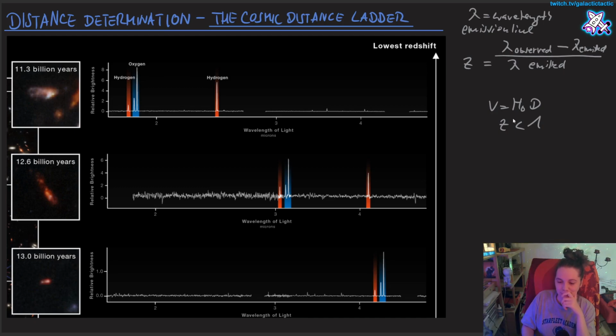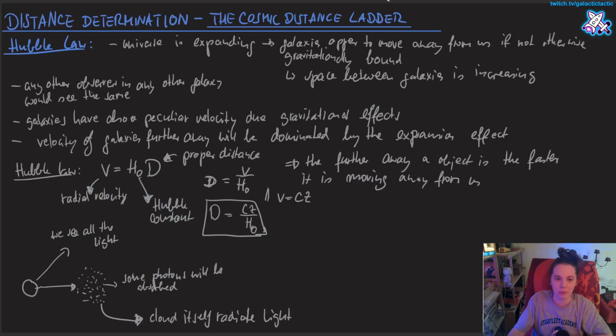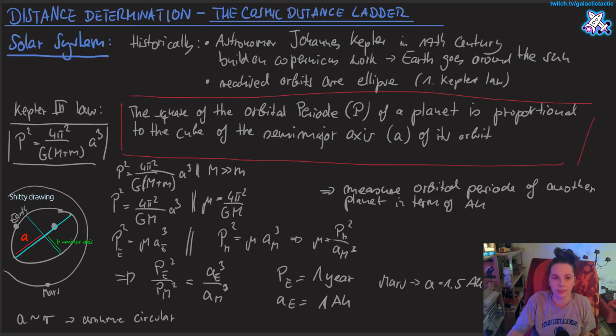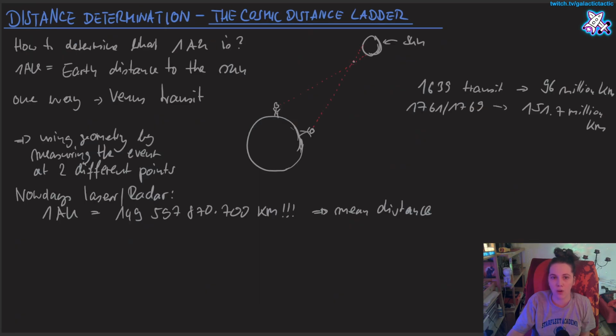Okay, I want to stop now because I can't think anymore. We started out with the cosmic distance ladder. We talked about why it is important. We looked at the solar system and how they historically derived the distance to planets with Kepler's third law, and how they derived 1 AU with the Venus transit.